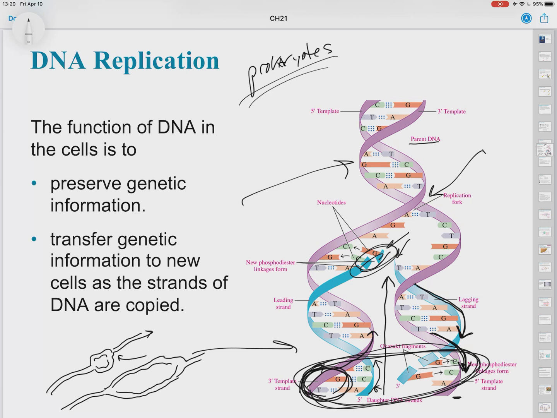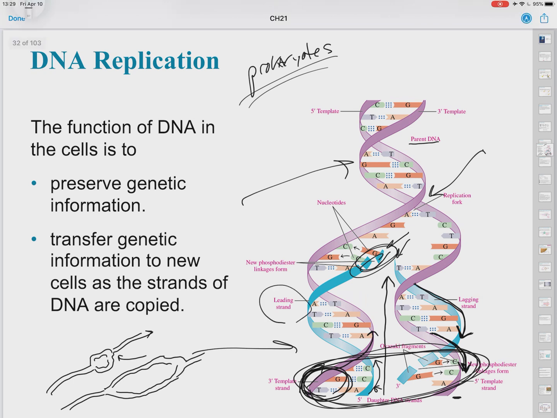The same direction that it needs to read this other strand. So there's some neat little folding around that happens. The book doesn't have a good picture of it. I'll post a link to a really neat video that shows it in action. It's really cool. It's a CG video.